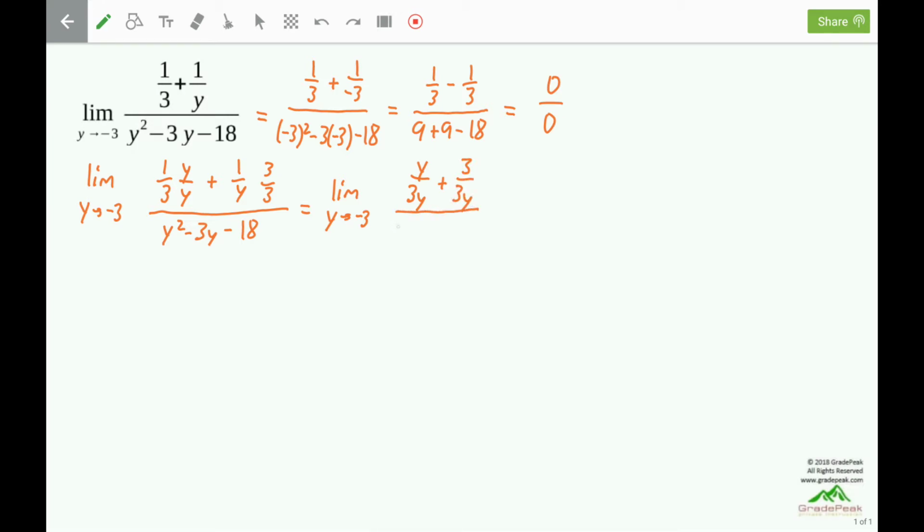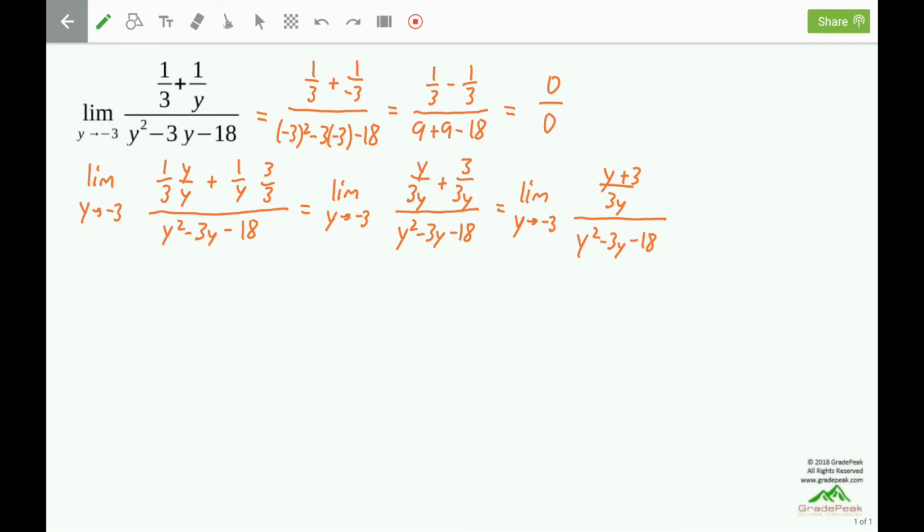All of this over y squared minus 3y minus 18, equals limit as y goes to negative 3 of, now we can combine the fractions together. The numerators can be combined. They're being added, y plus 3, and all of that over the common denominator of 3y. And then over y squared minus 3y minus 18.